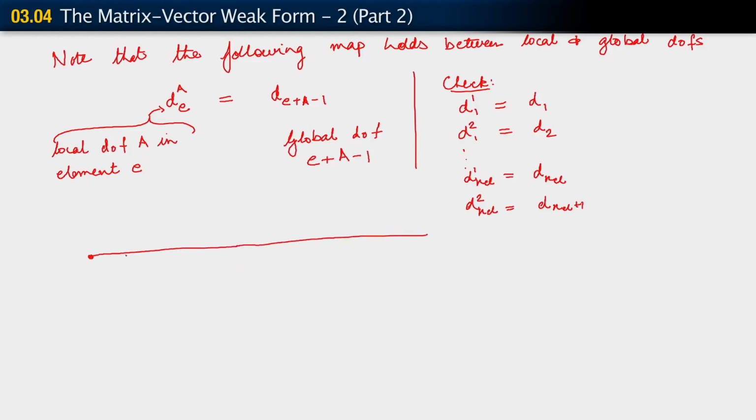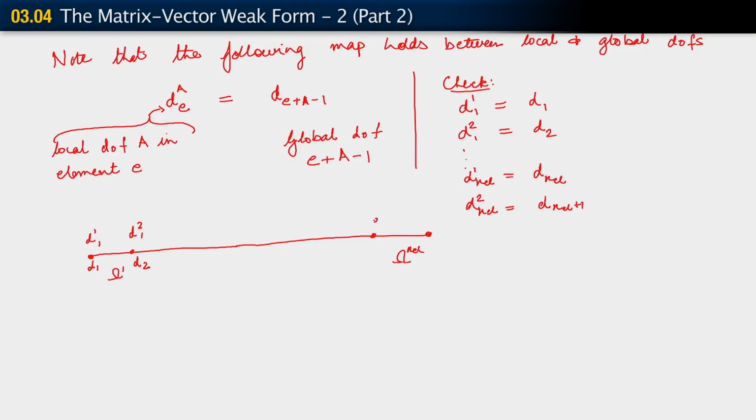Okay, this works out because if we look at our domain, right, and this is the very first element, right, this is omega 1. I will write up here the local degrees of freedom, right. The global degrees of freedom for this are D1 and D2. Okay. For the very last element, which is this one, right, this is omega NEL.